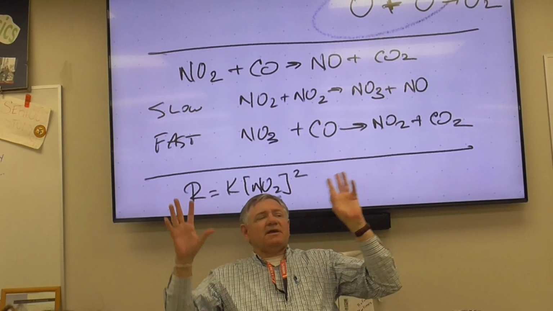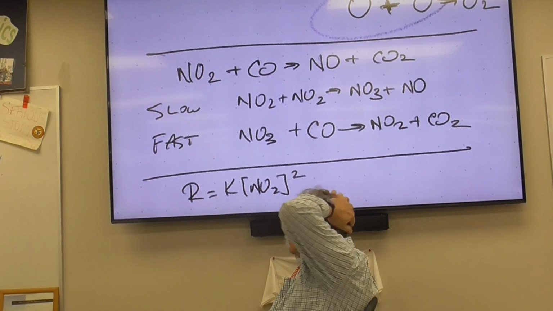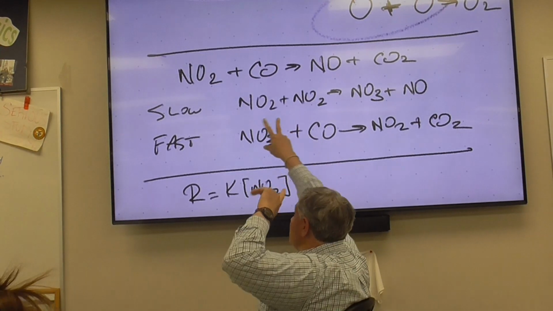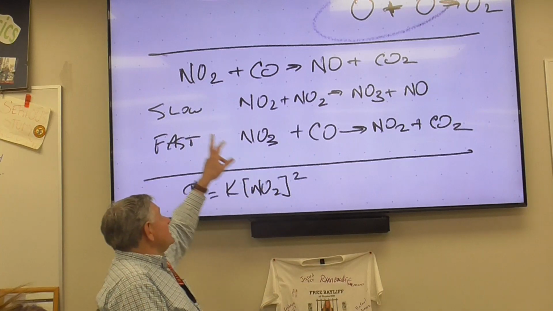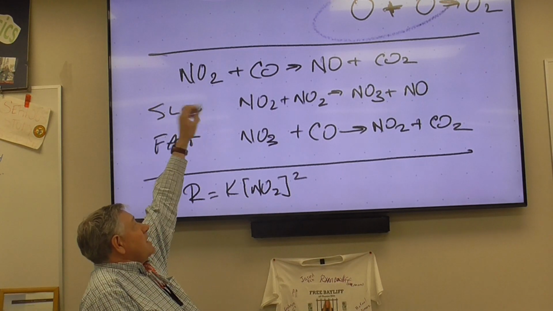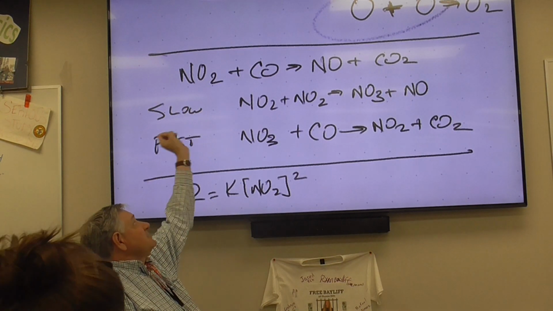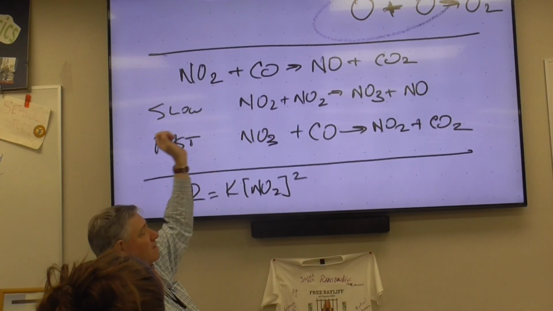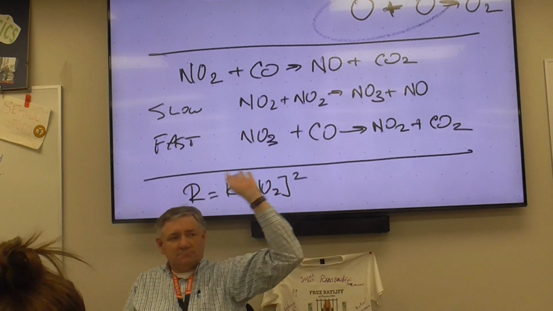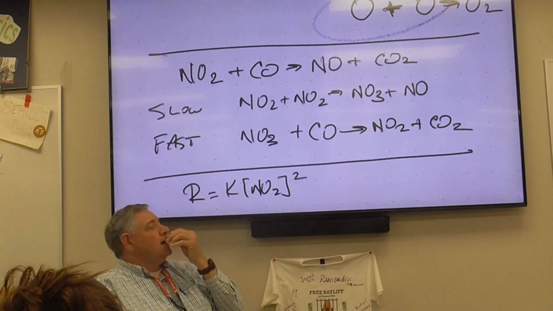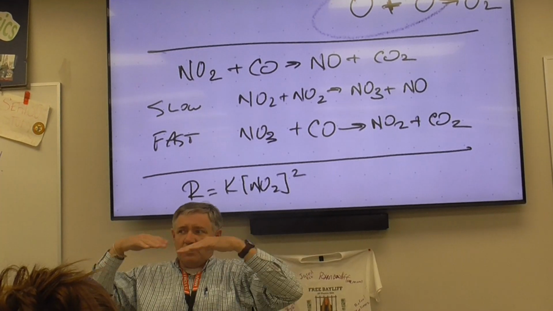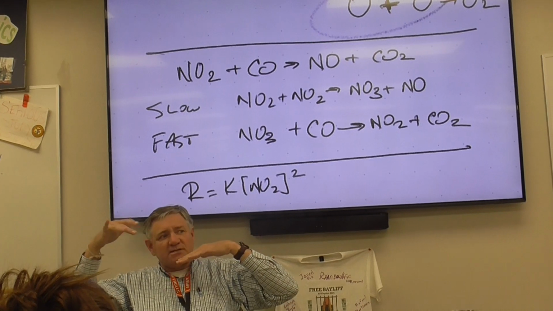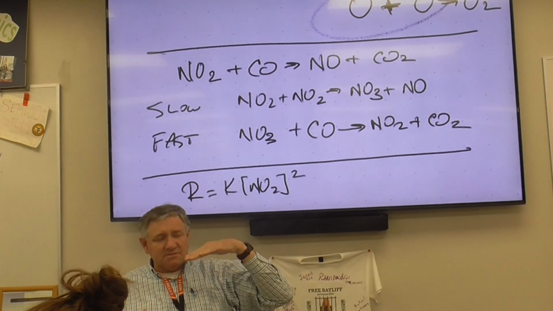Okay, so let me give you a simple example. Let's say that we know this reaction takes place. Nitrogen dioxide reacts with carbon monoxide to produce nitrogen monoxide and carbon dioxide. Fairly simple reaction. Now, here's where what you think is going to happen doesn't match with what actually happens.